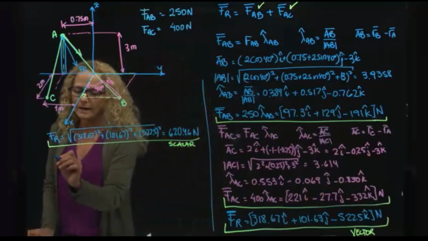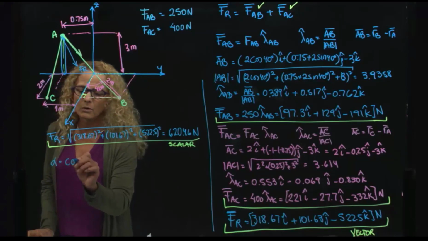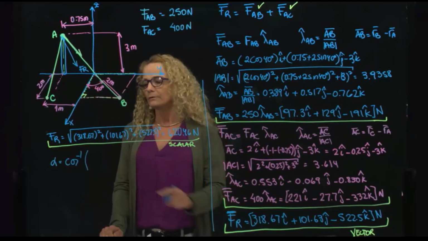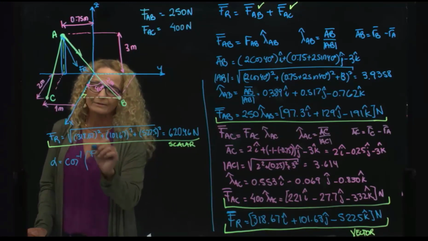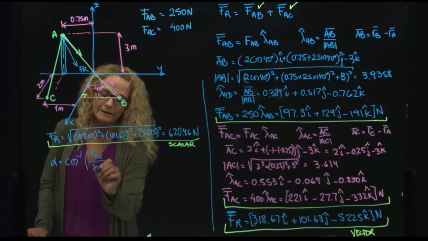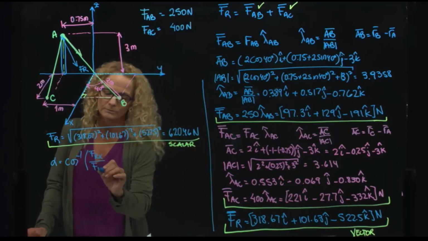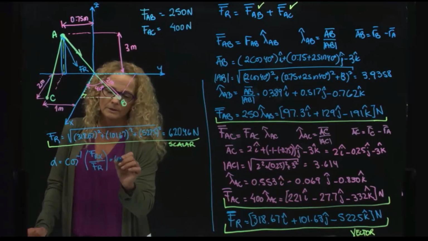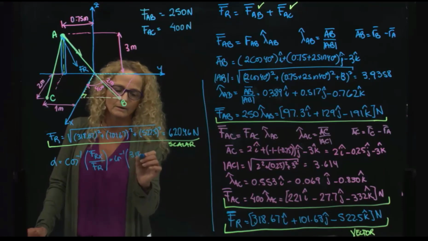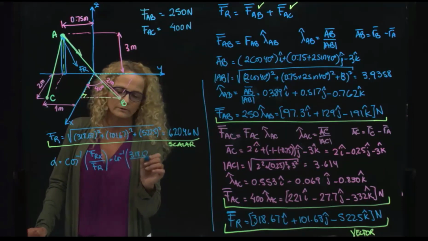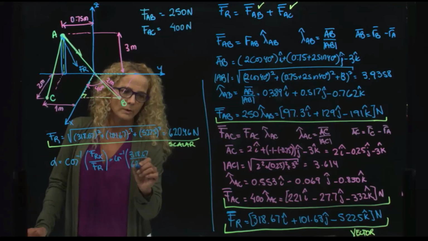So I have to find alpha, which as you recall is the inverse cosine of the x component divided by the magnitude of the vector. That will be cosine to the minus 1 of the x component, which is 318.67, positive, right? Divided by 620.46.